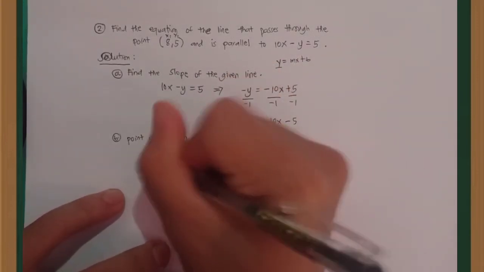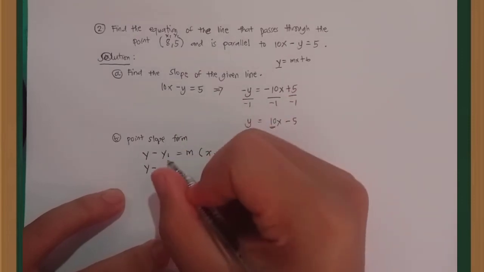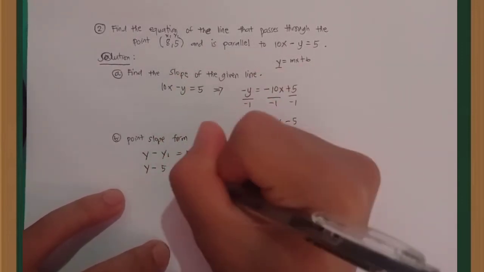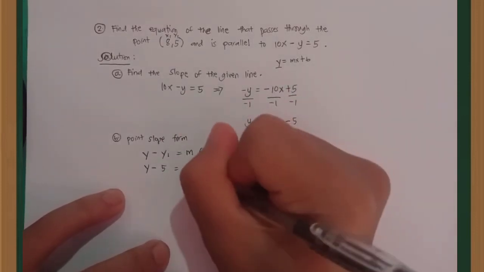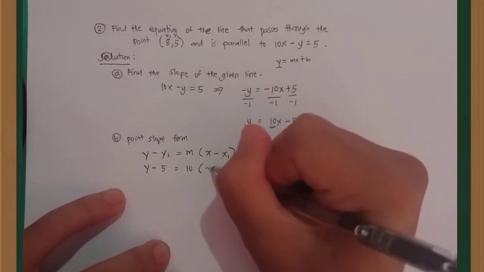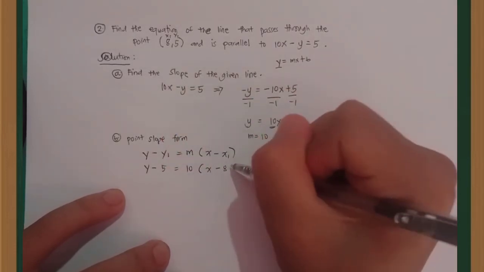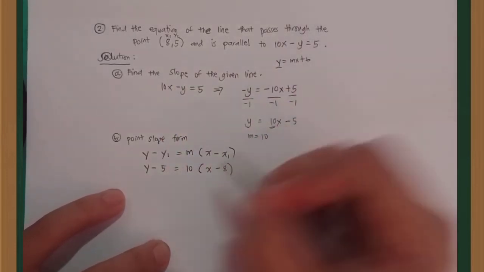So we have y minus y sub 1. What is our y sub 1? Our y sub 1 is 5 equals, our slope is 10 times, copy the x, minus our x sub 1 is 8.